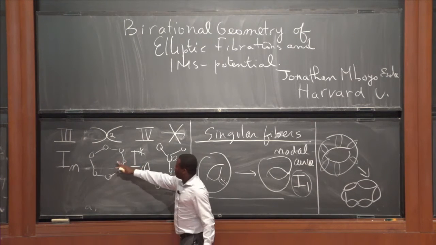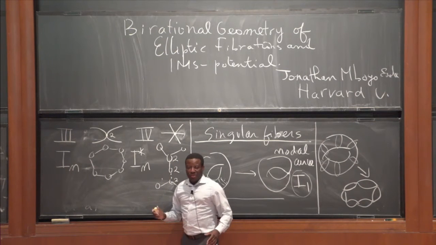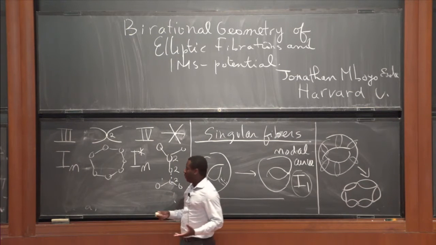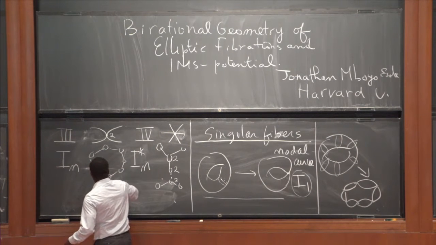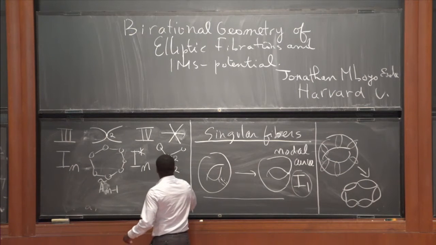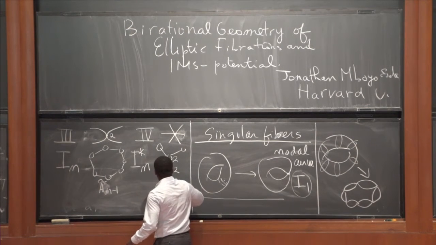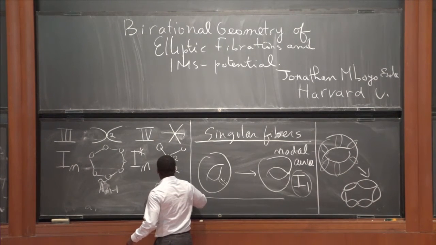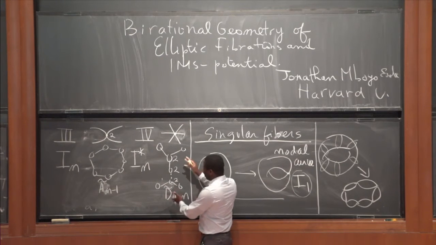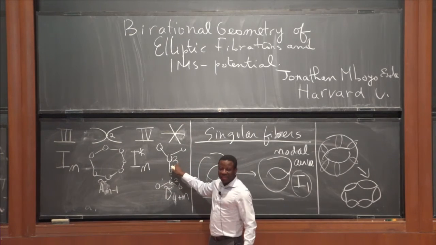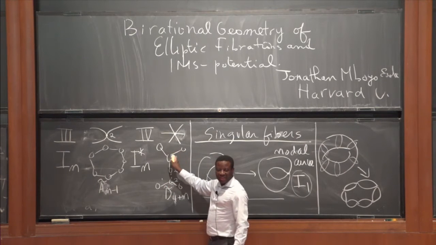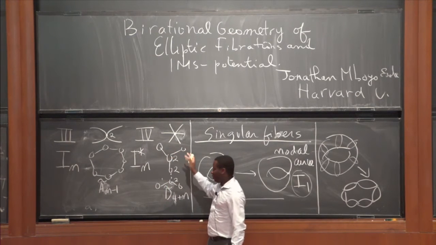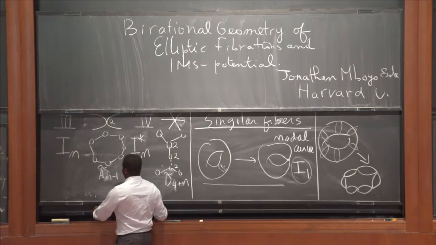What is interesting with these two types is that you naturally associate them a structure using a Dynkin diagram. This is a Dynkin diagram of type A_{n-1}, and this is a Dynkin diagram of type D_{4+n}. Examples of groups that are defined by this are the orthogonal groups, like SO10, SO8, all those that have even rank.